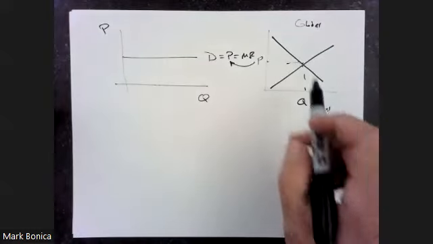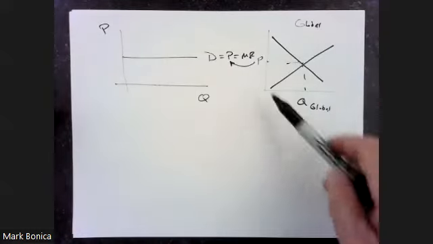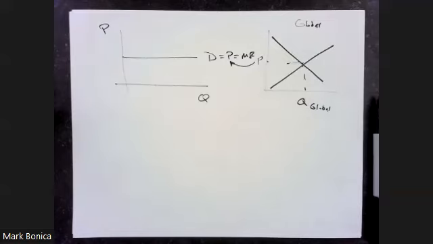right? So the presumption here is you're selling into a marketplace where in a perfectly competitive market, there are so many providers and so many buyers that no one individual provider, seller, or buyer can influence the market price and market quantity.